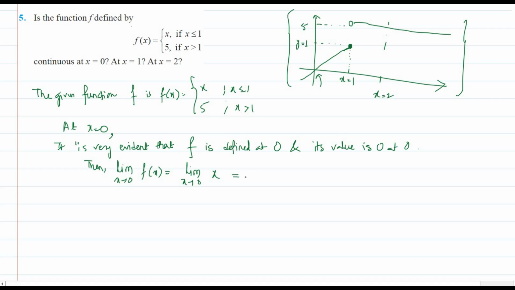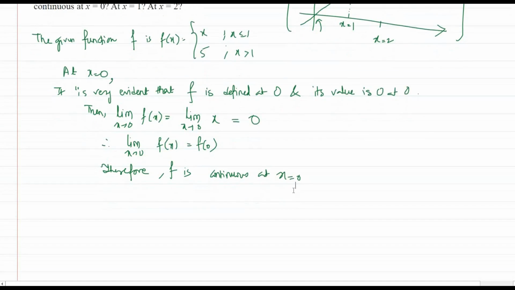So that is going to be equal to 0 for sure. Therefore limit x tends to 0 of f(x) is equal to f(0). So we have ample amount of evidence to show that f is continuous at x equal to 0. So therefore f is continuous at x equal to 0.